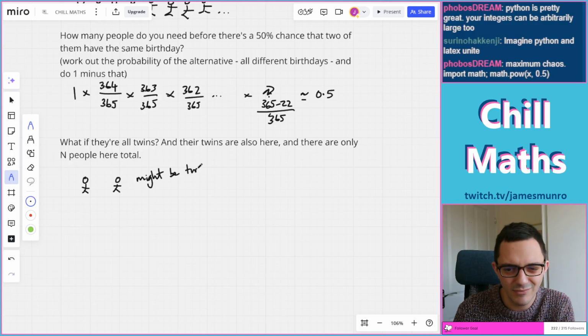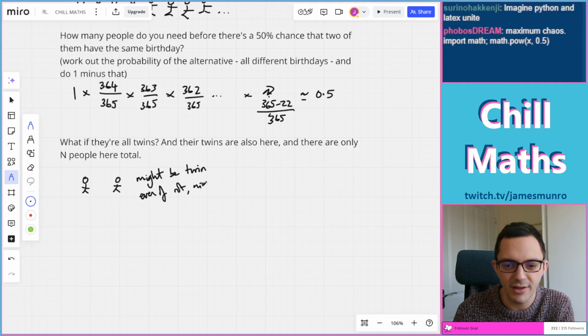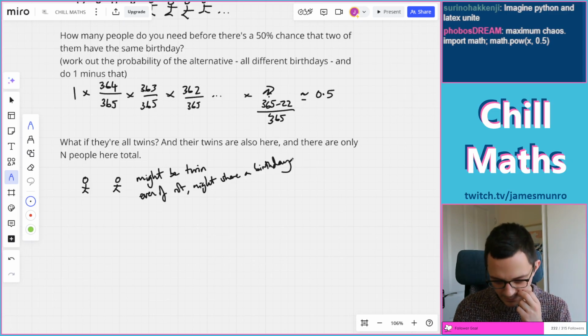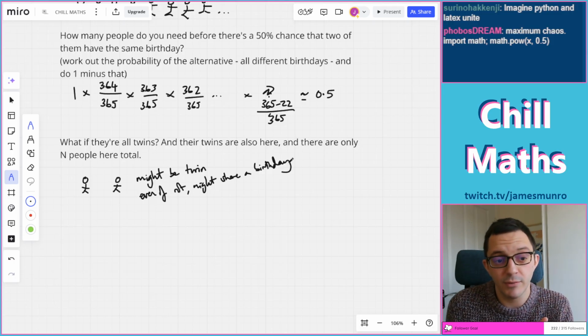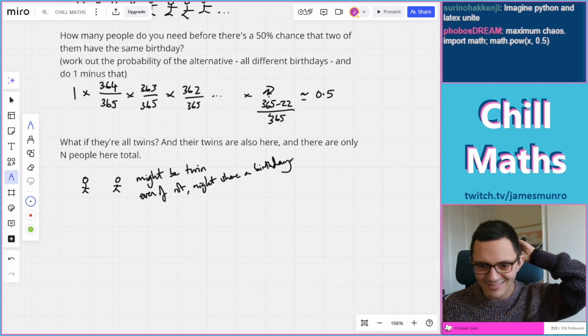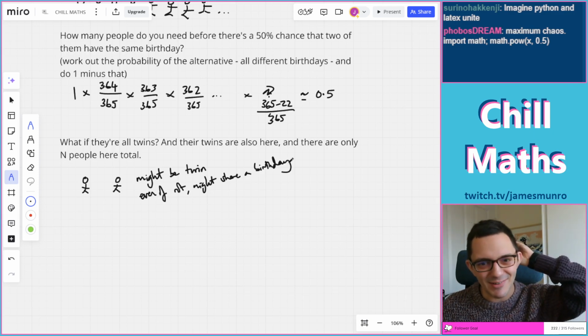And then, confusingly, even if they're not a twin, they might share a birthday. So, as people arrive, they might just be the twin of one of the people we've already got, and even if they're not, they might still share a birthday with someone at the party.